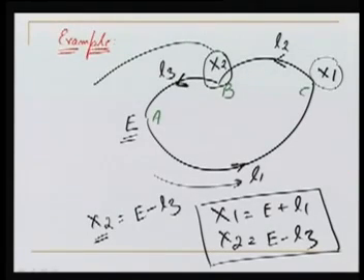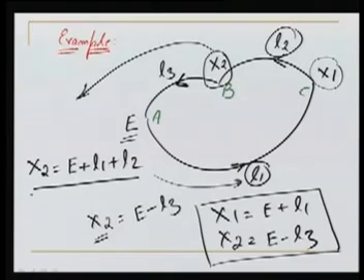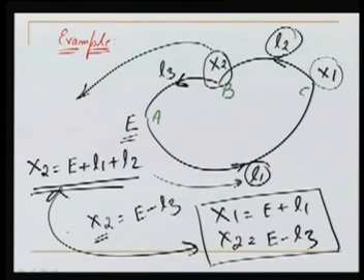X2 can also be determined as E plus L1 plus this observation here, L2. Alright, one more way of determining X2. Now we have a model, and this is the model which defines this entire set of observations, and using this model we can determine X1 and X2.